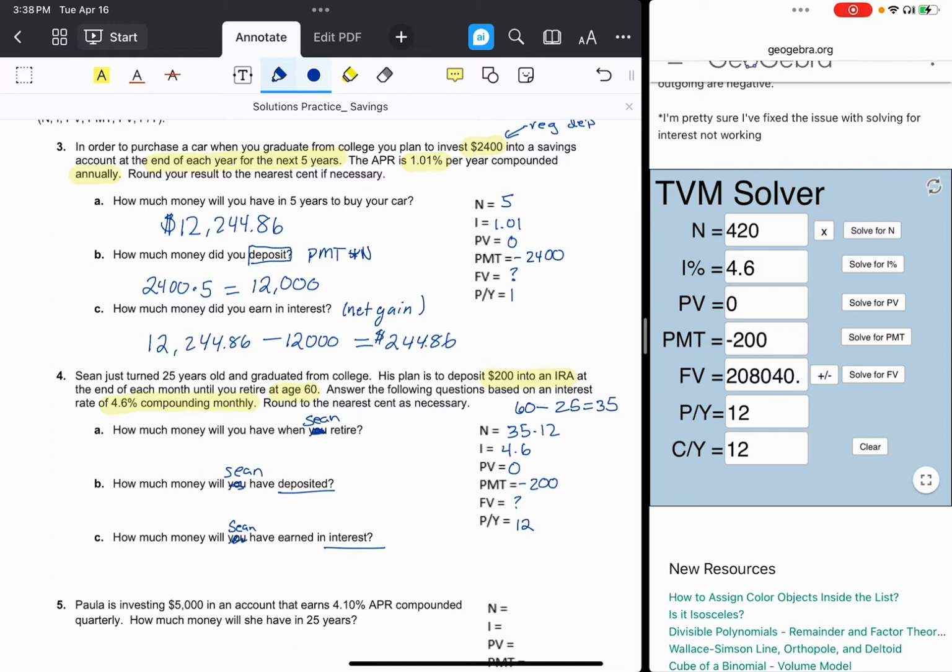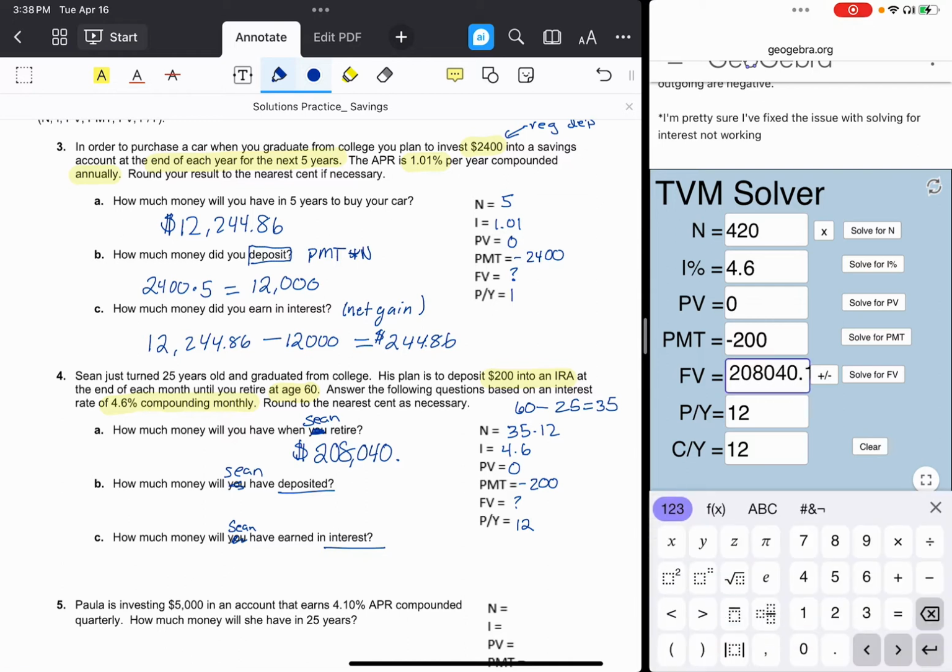Ooh, so we have 208,040 point... oh no, what is the point? And notice it didn't pull up for me, so I'm going to hit that random button so I can see the rest of my number.